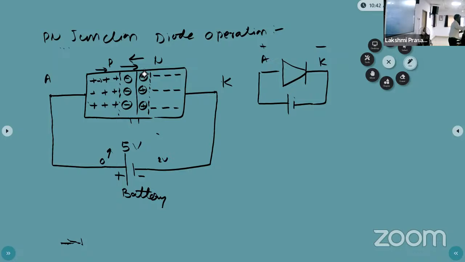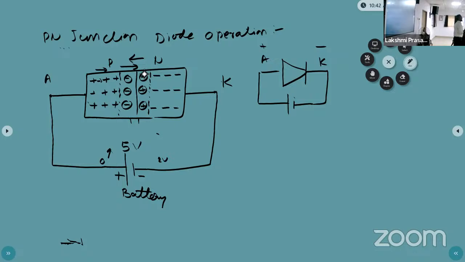Okay. So here the diode is not generating the current. The diode is allowing the current based on how we are connecting the battery. Now the electron movement is there in this connection, from N type to P type, and the hole from P type to N type.